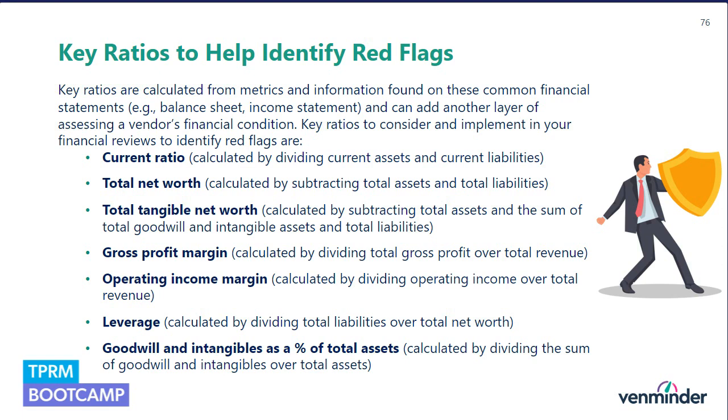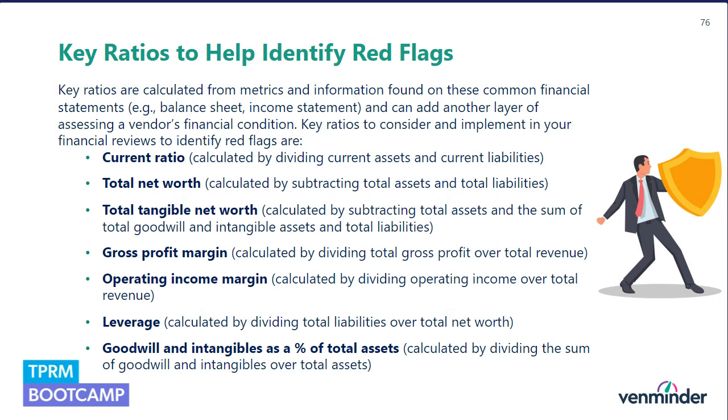Another one is total net worth, which is the difference between a company's total assets balance and its total liabilities balance on its balance sheet, which ultimately shows how much asset base they have when you remove all of their obligations to either external vendors or their internal team members, as it pertains to things like payroll liabilities. On the income statement side, margins are often critical because they show how effective a business can be in generating profitability on its overall revenue base.